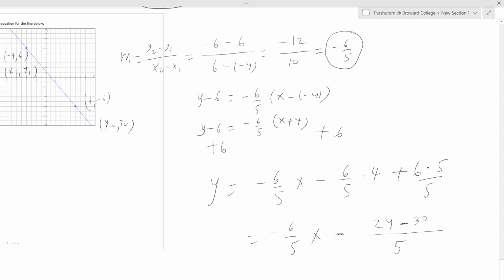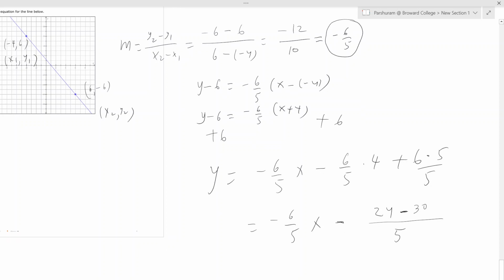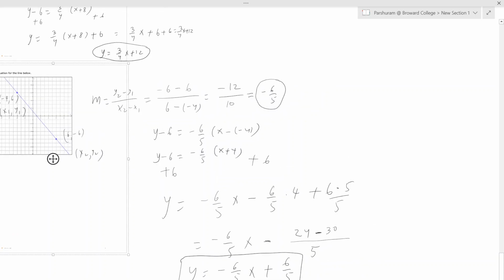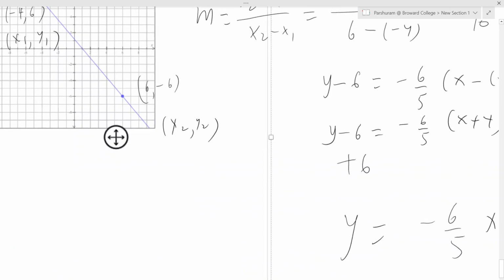I change this plus to minus because there is a negative sign here, and I'm combining these two terms as one single term. If you subtract 24 minus 30, that will be negative 6 on the top. And because there is a negative already, it would be negative 6 over 5 x plus 6 over 5... y equals this. So that's the equation of the line where we were given 2 points.